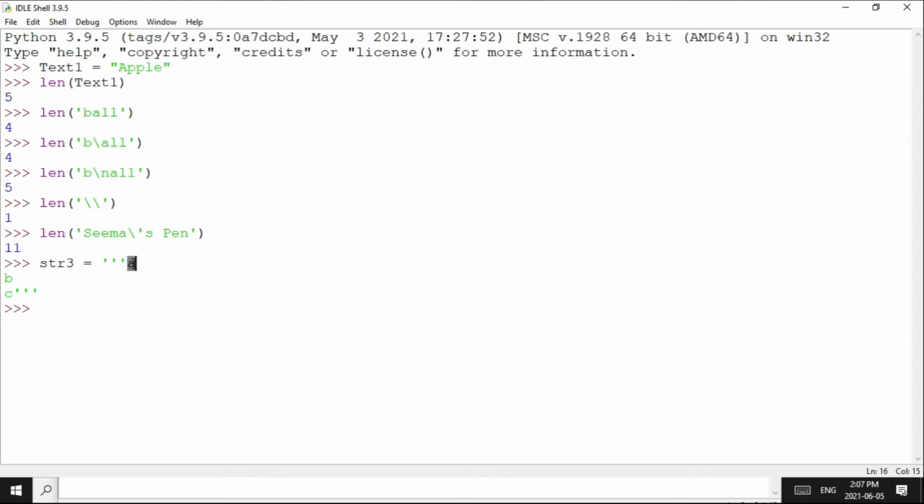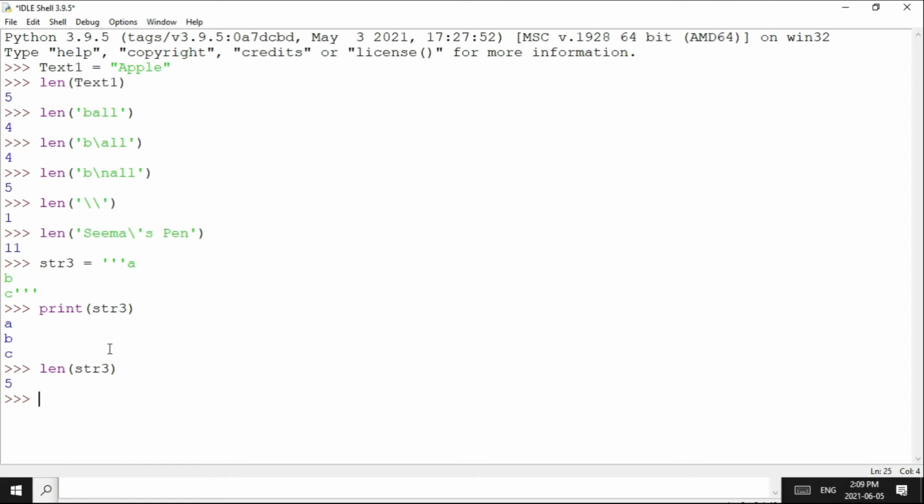So we have one character, the second character is enter, third character, fourth character is enter, and fifth character. So here we have 5 characters in it. Print str3, press enter, and we have ABC. Actually, we do not have to print str3. We have to pass this str3 to the len method. And here you have the total number of characters: 5.